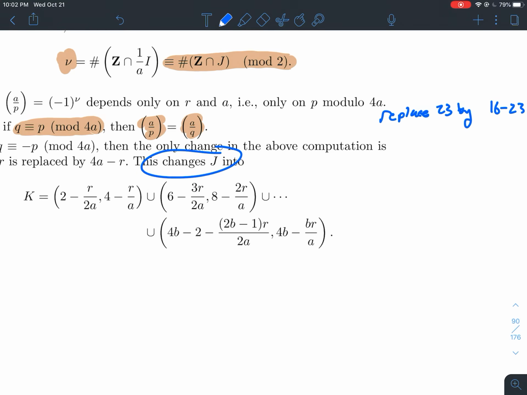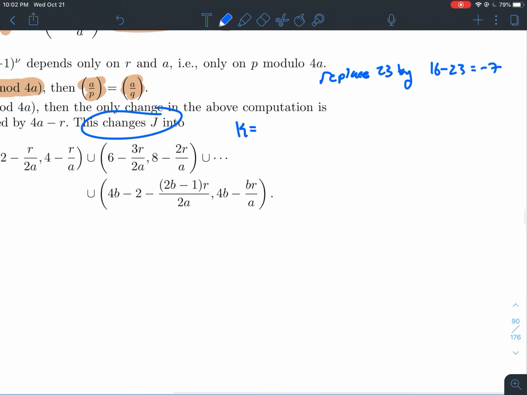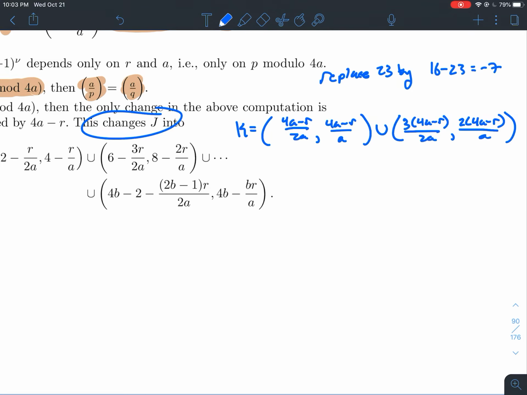I'm going to write it this way, though. So for us, k should be equal to, remember I just have the 2, 4a minus r over 2a. Oh no, that's not right. 4a minus r over just a, my bad. Over a. Union 3 times 4a minus r over 2a, and then 2 times 4a minus r over a.